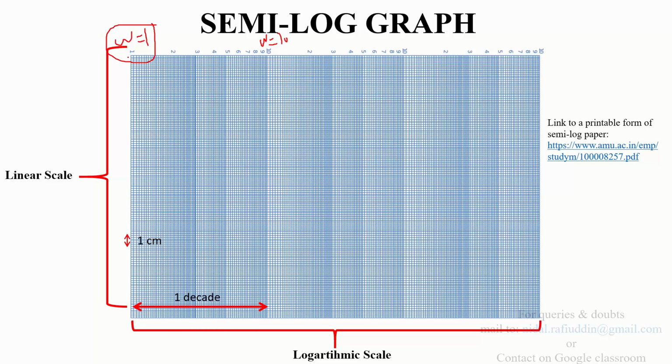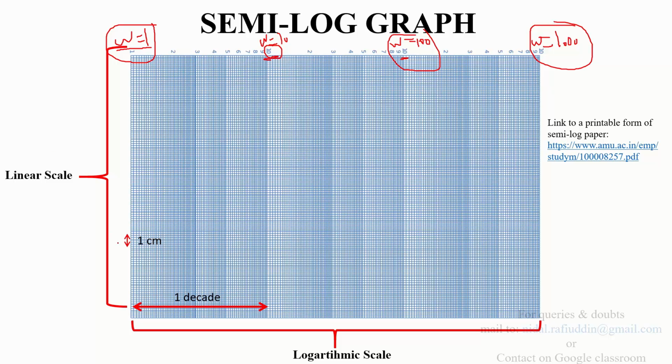Following this, if you take this point as reference, the marking shown on the graph paper is 1, then 10 here, then again 10 here. But after you take the first point as reference, for example omega equal to 1, then this point will be taken as omega equal to 10, this will be omega equal to 100, and this becomes omega equal to 1000.